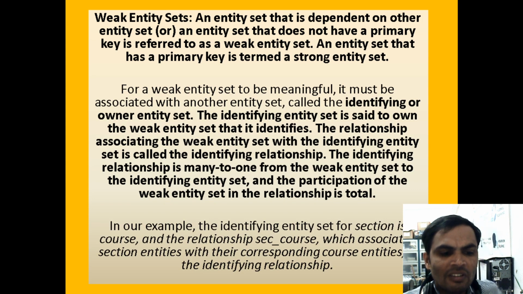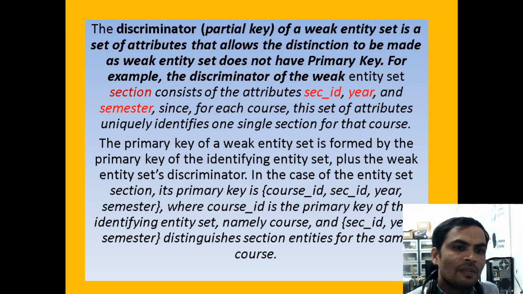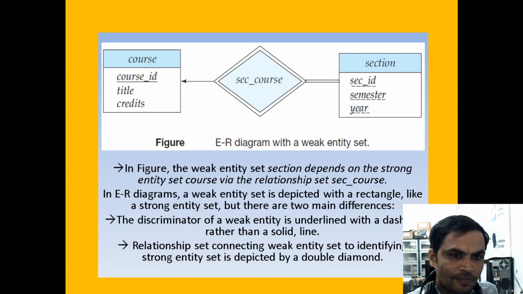If you want the best example for the weak entity set with section codes and the relationship, see the diagram here. Weak entity set diagram: Section. Under Section, no primary key will be there, only section ID and semester. Then Course ID is a primary key.